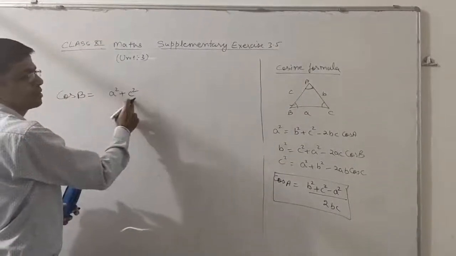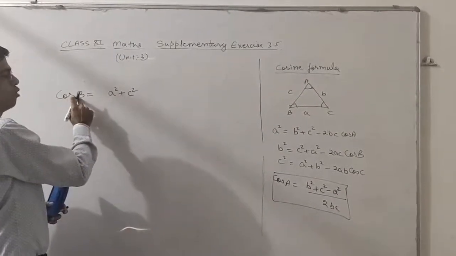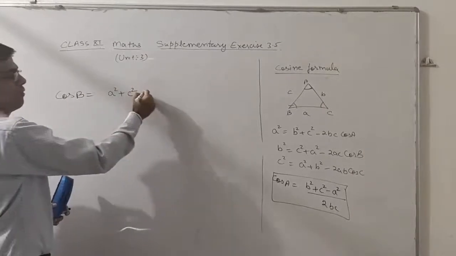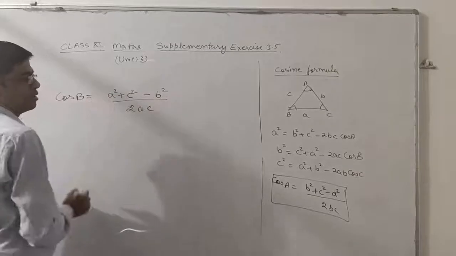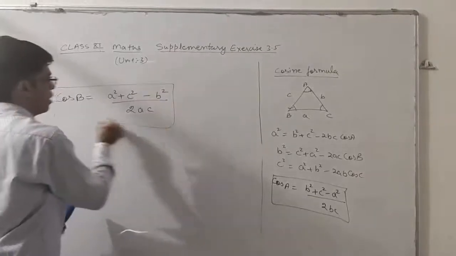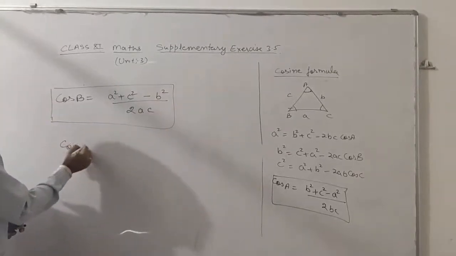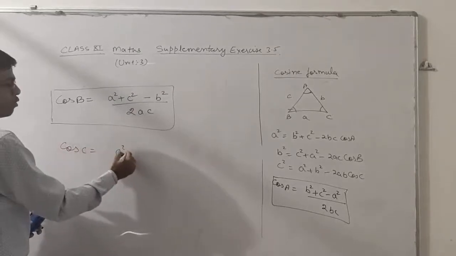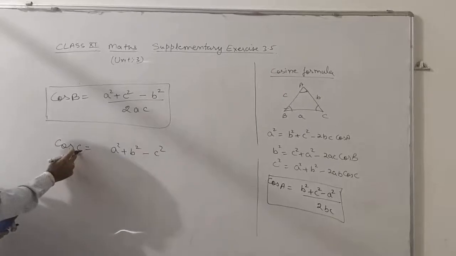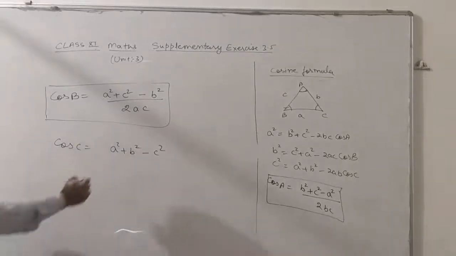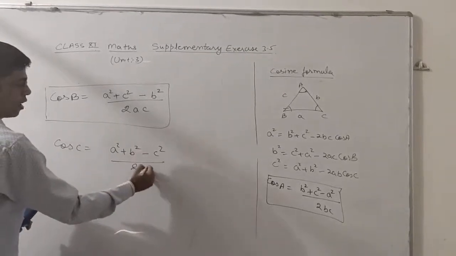So a square plus c square, and the side corresponding to this angle, we will subtract the square of this, upon 2ac. Similarly, if we want to write cos C, this is a square plus b square minus c square, corresponding to this side, upon 2ab.